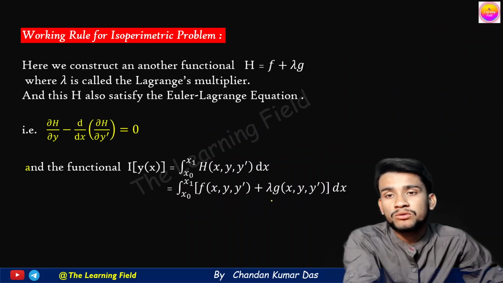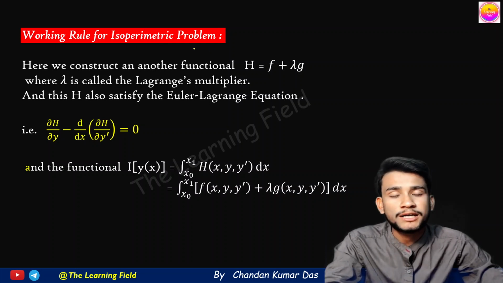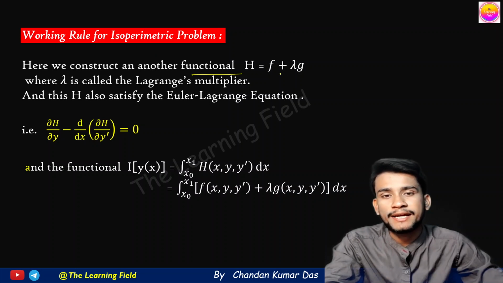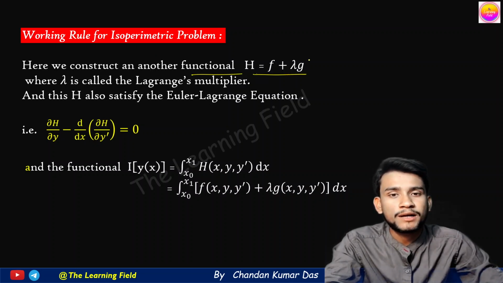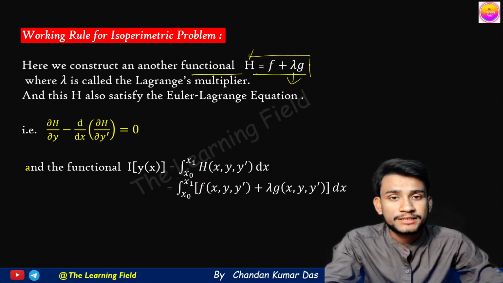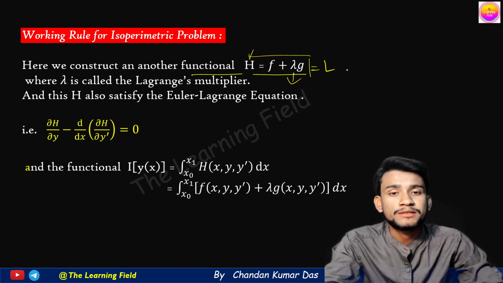Okay, now we see the working rule for this isoperimetric problem, or how we can solve this type of problem. Here we construct another functional H equal to f plus lambda g. This lambda is called the Lagrange multiplier, and this f plus lambda g is also denoted by L, and L is called the Lagrangian.